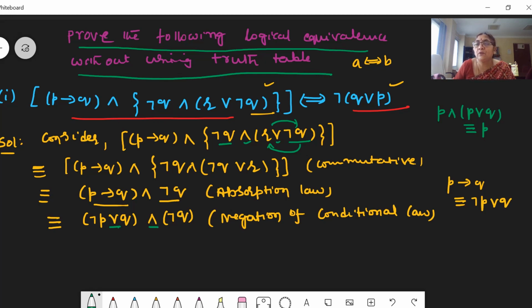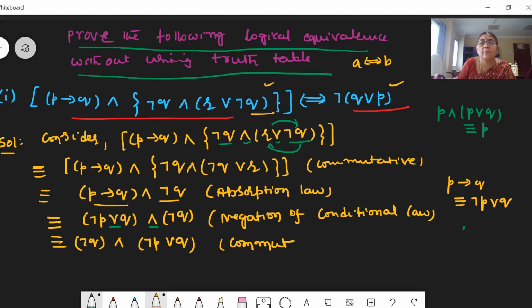If you are confused, use the commutative law and interchange first. From the commutative law, this can be written as ¬Q ∧ (¬P ∨ Q). That is the commutative law.